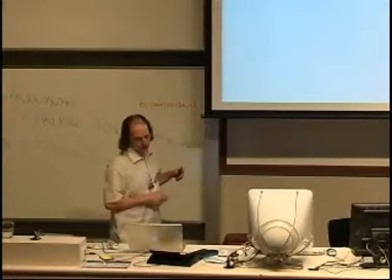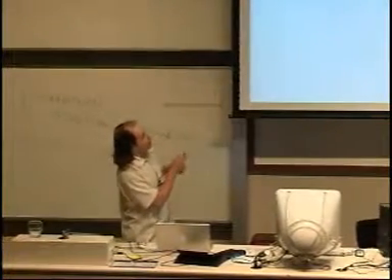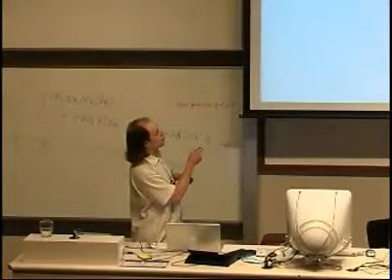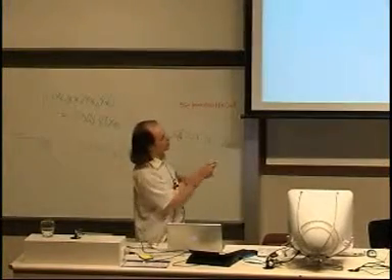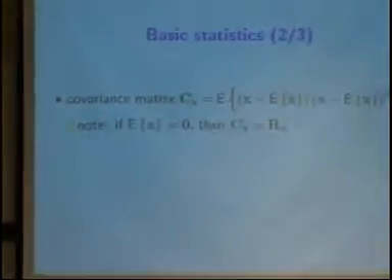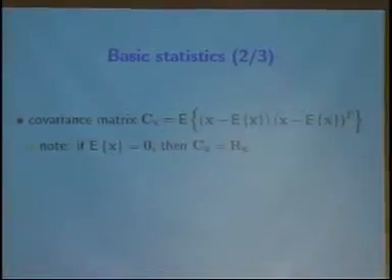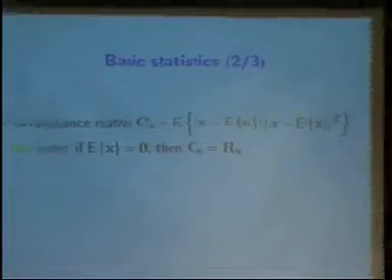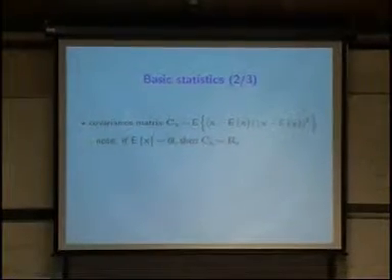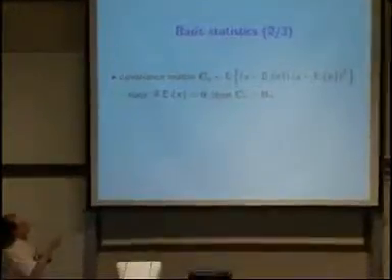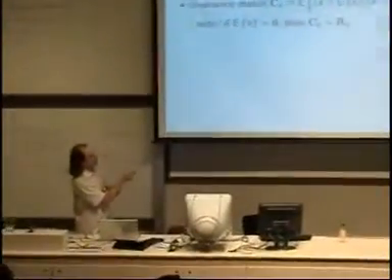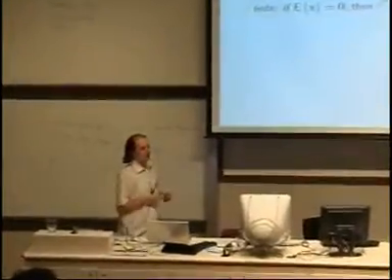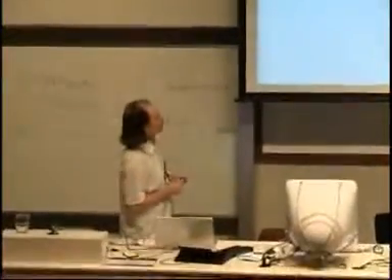In addition to the correlation matrix, people talk about the covariance matrix, which is done so that you subtract the mean of each of the variables, and then you compute the correlation matrix. So if the mean is 0, then the covariance matrix is just the same thing as the correlation matrix.